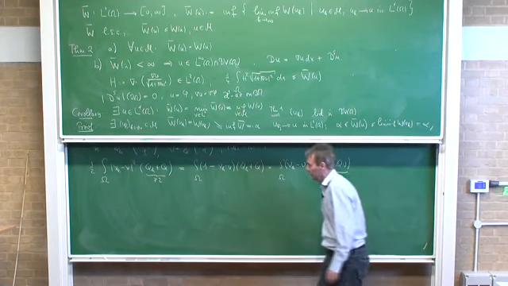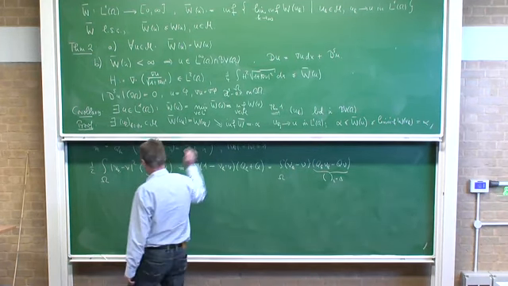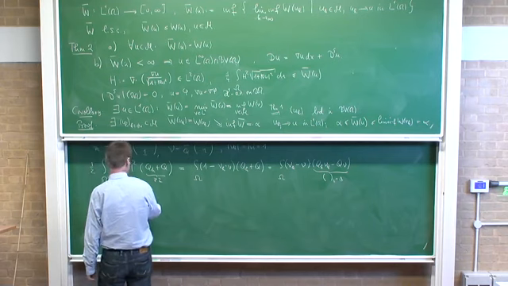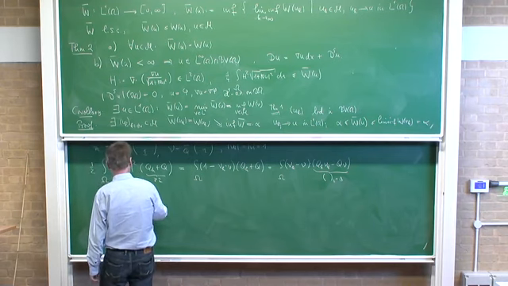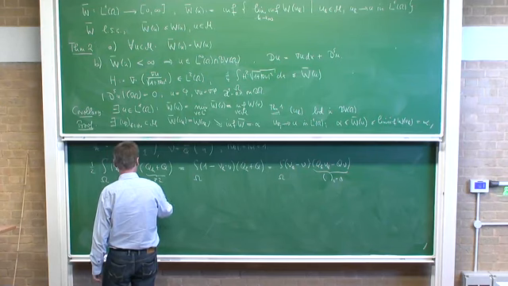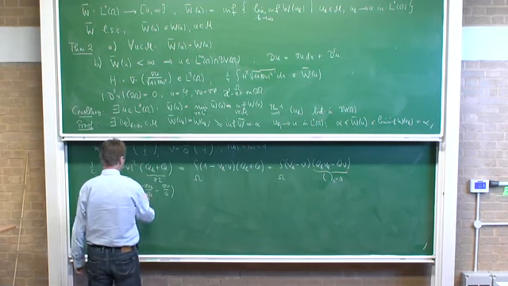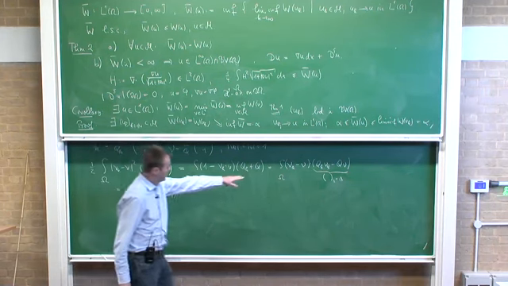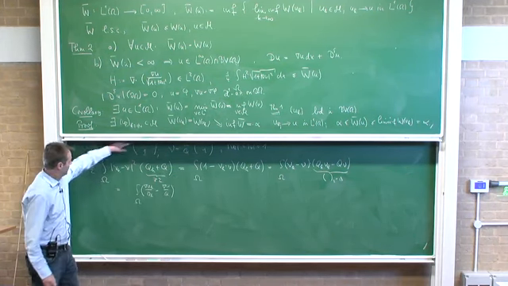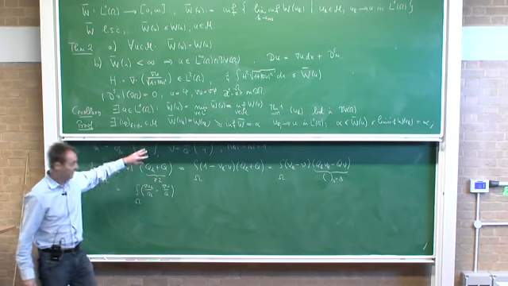And they look as follows: gradient U_k divided by Q_k minus gradient U divided by Q. And here, if you multiply by Q_k, you've got the gradient of U_k minus the gradient of U.